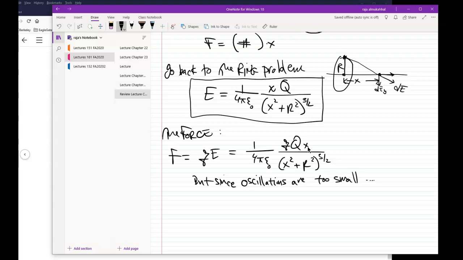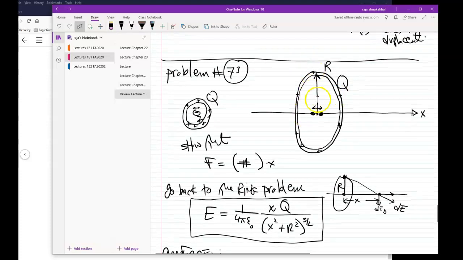what's the consequence of that? Well, if the oscillation is too small, look at it. Let's go back to the picture. Here. So the oscillation here is the value of x right here. You see what I'm saying? It is x right there. Compare it with the radius of the ring. The ring is huge compared to this oscillation. Extremely large compared to this oscillation. What does that mean?